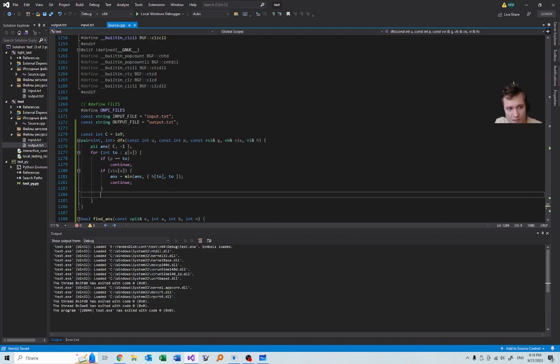Otherwise I say that ans is minimum of ans and DFS of u, g, visited and h. And also I want to say that h2 equals 1 plus h of u.